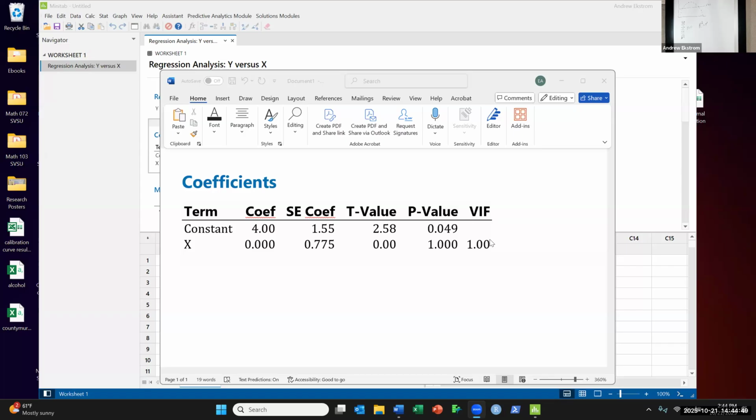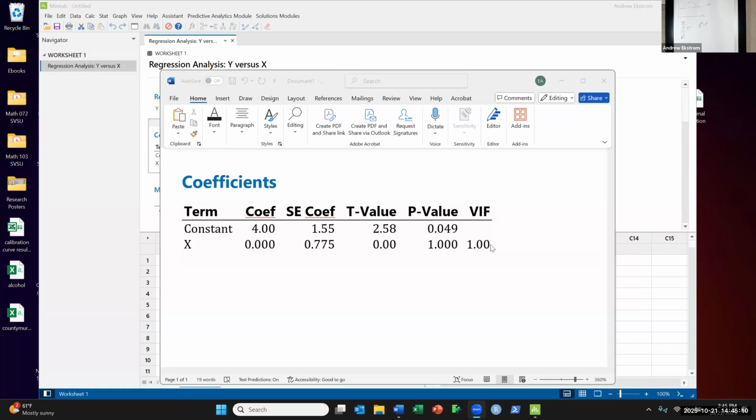And this VIF thing that we have out here is something called a variance inflation factor. We want this value to be as low as possible, and the lowest value we can actually get with Minitab anyway is going to be 1.0.